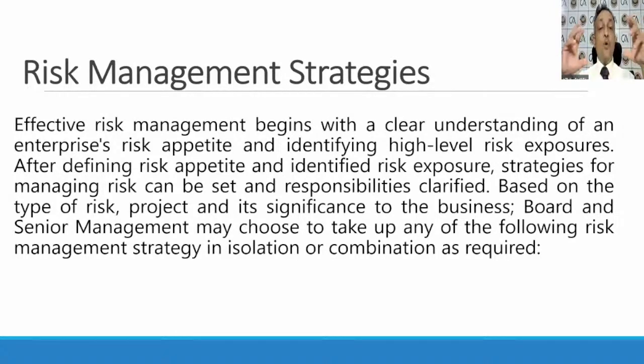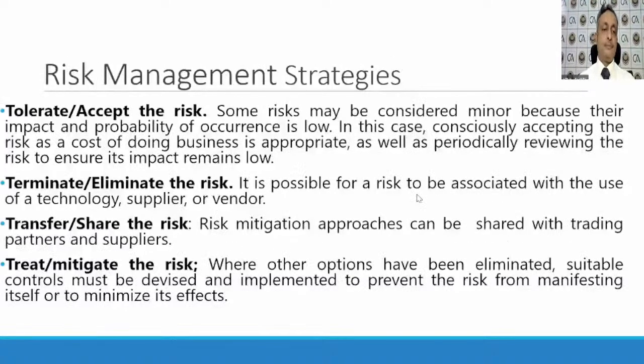So you create a whole framework of risk management based on the type of the risk, the projects, its significance to the business. Board and senior management may take up any of the following risk management strategies. It can be one, more than one, or a combination of all of them. Let us see. Give your time, read.